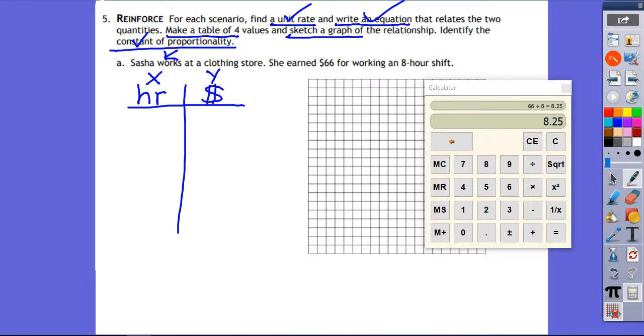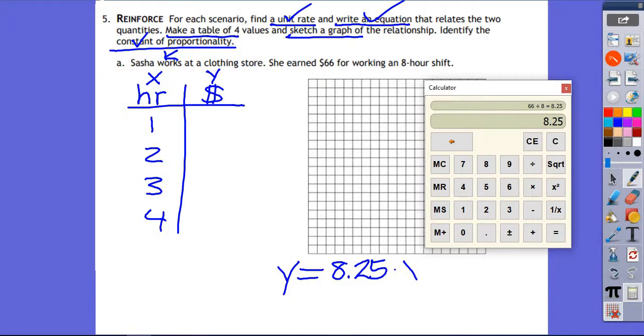I'm going to make life simple, and I'm going to do 1, 2, 3, and 4. What was my equation that I wrote? Y equals $8.25 times X.